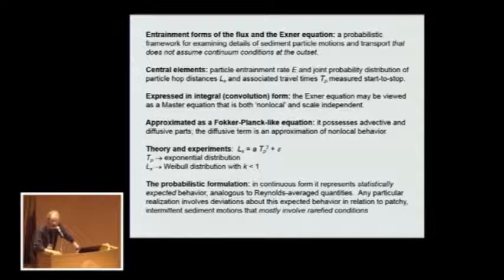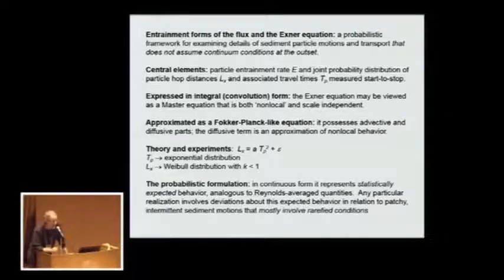Theory and experiment suggest that the travel times are exponentially distributed, which, because of the covariance between these two quantities, requires most likely that the hop distances are a Weibull distribution.